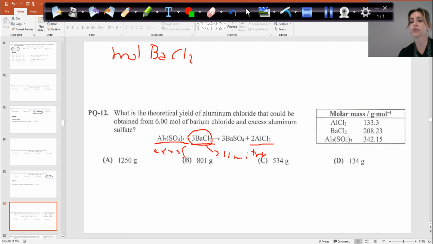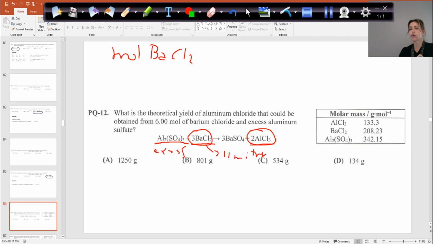What is the only thing we can determine from the balanced chemical equation? The moles of aluminum chloride, right? The balanced chemical equation allows us to go from moles of one to moles of the other.